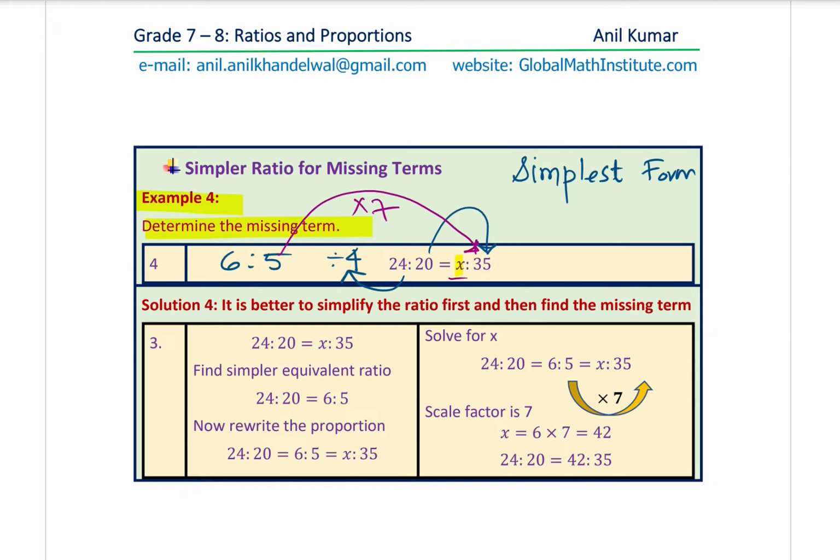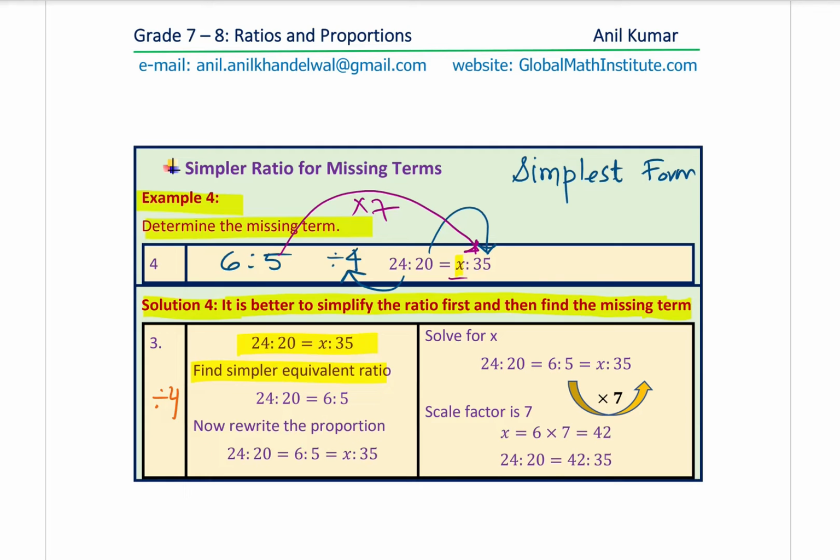So that is the strategy which we have done here. So the important thing in solution 4 is it is better to simplify the ratio first and then find the missing term. So 24 is to 20 is given to us as x equals to 35. Find the simpler equivalent ratio. How did we figure this out? We divide by 4, the common factor.